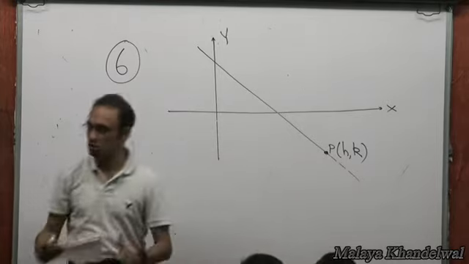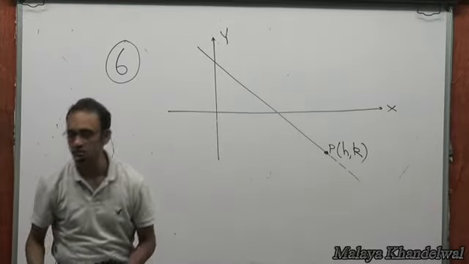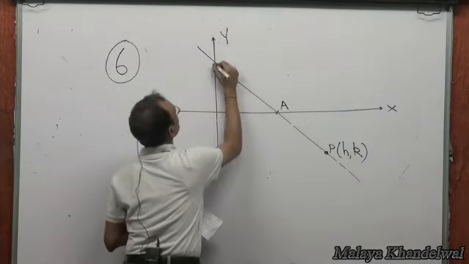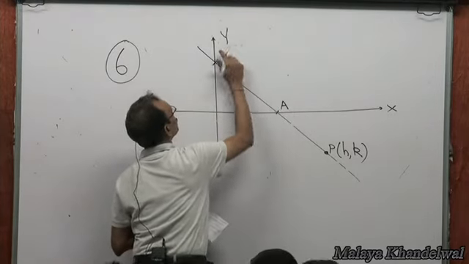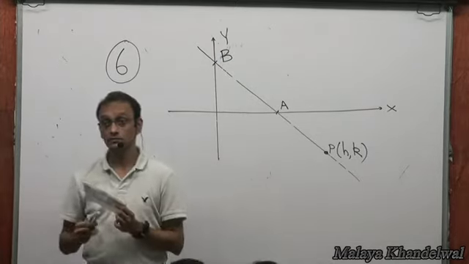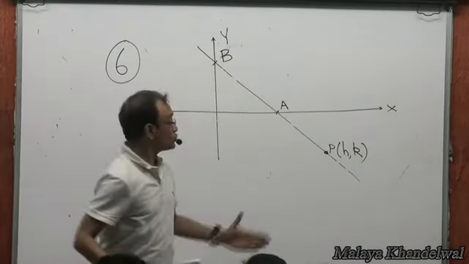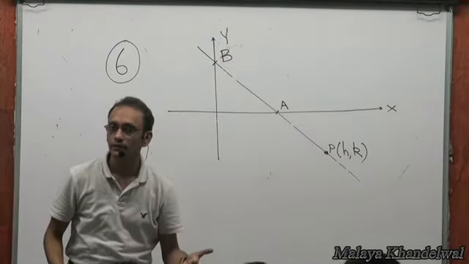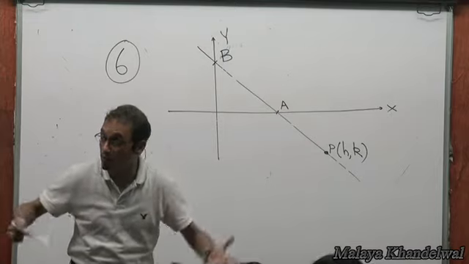Infinity of lines. There is a family of lines associated with this. And for every line passing through P, there is going to be a corresponding A and B, the intercepts on the coordinate axis. So while I choose different lines passing through P, I get different positions of A and B. A and B are moving points.